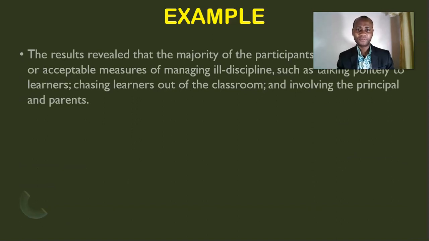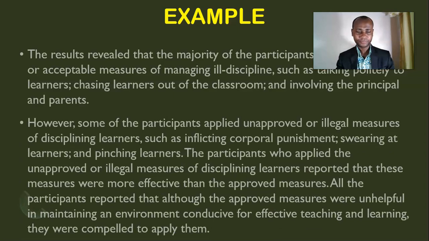The result revealed that the majority of the participants approved or accepted measures of managing ill discipline, such as talking politely to learners, chasing them out of the classroom, and involving the principal and parents.